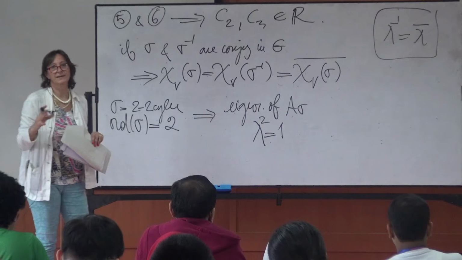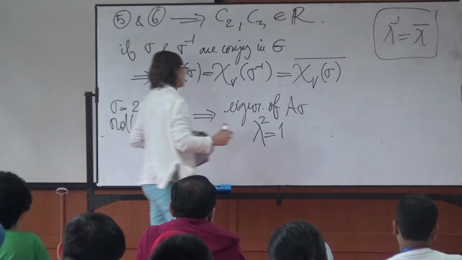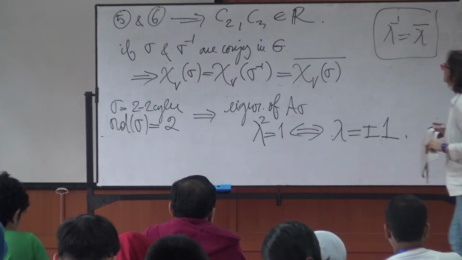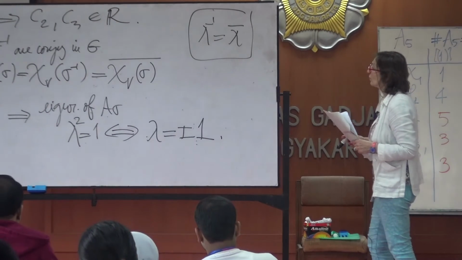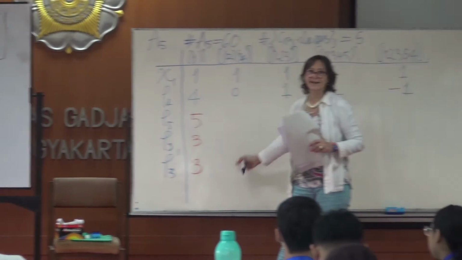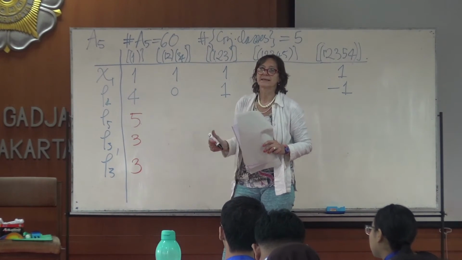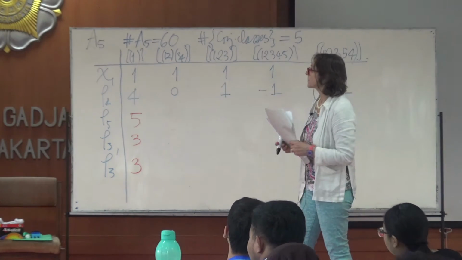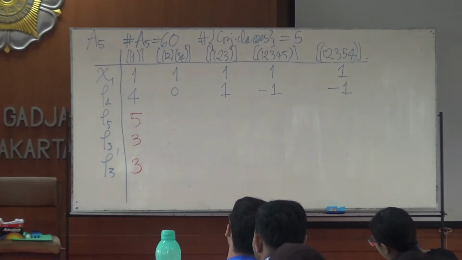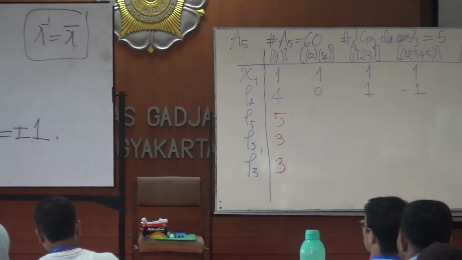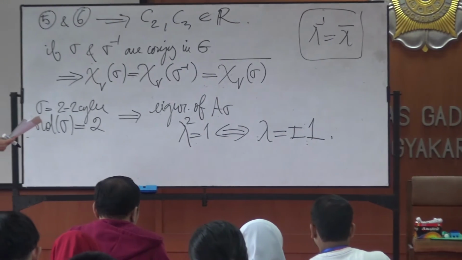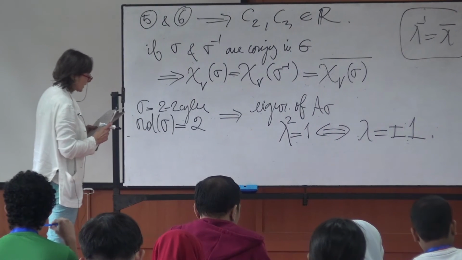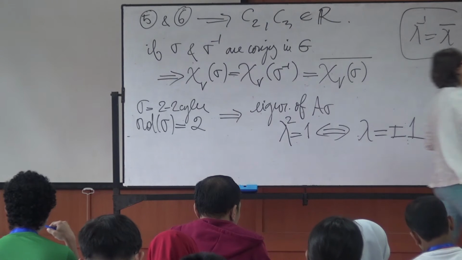So they are necessarily 1 or minus 1. So we can be sure that these entries here are real. Characters are sums of eigenvalues, and eigenvalues are either 1s or minus 1s. So they are real.